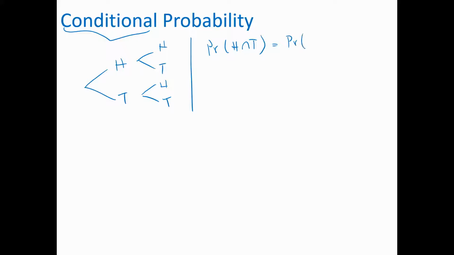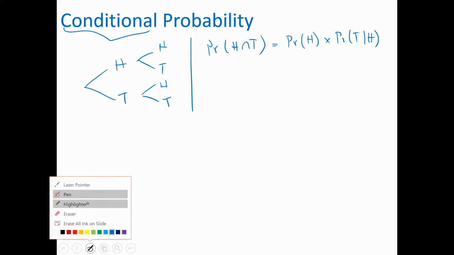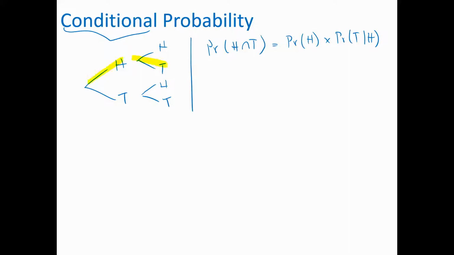Now dependent would mean that if I were to do the HT and I said find the probability of H and T, so getting H on the first go, T on the second go, you would say the probability is the probability of H times the probability of T given H. This is dependency, because tails will now actually depend on H. And this might be a biased coin or something. That's why it depends on what you get for the first one. Okay? So this is what I'm trying to find out.